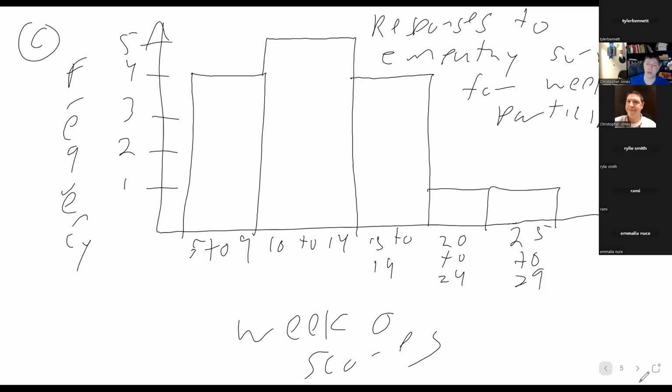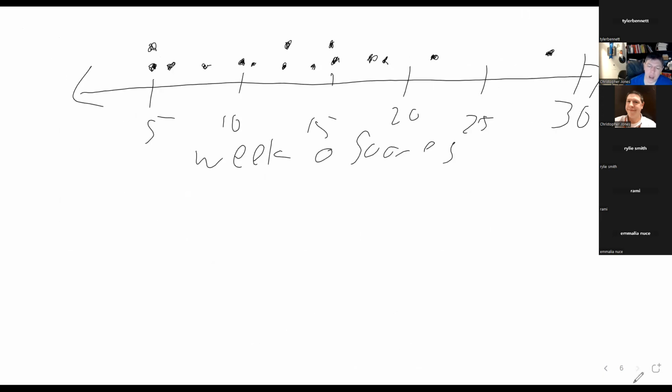Center, either skewed left, skewed right, or uniform. And finally, spread refers to whether there's an outlier or not. All right, folks, for the shape, center, and spread of this histogram, let me erase some of this stuff. Well, I guess we could just write it on the next page.